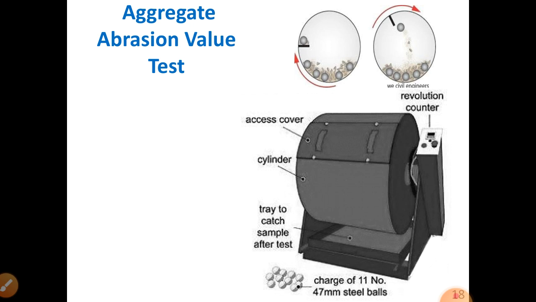The movement of drum is shown. The balls are in contact with coarse aggregates and the abrasion effect is generated.